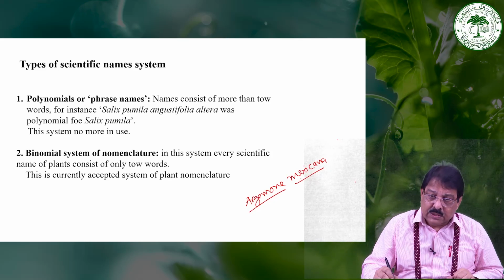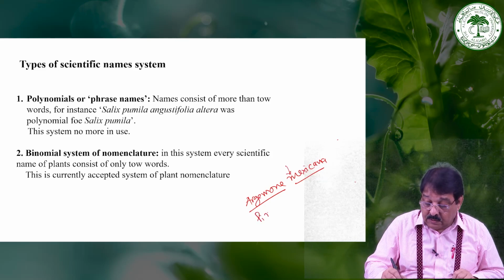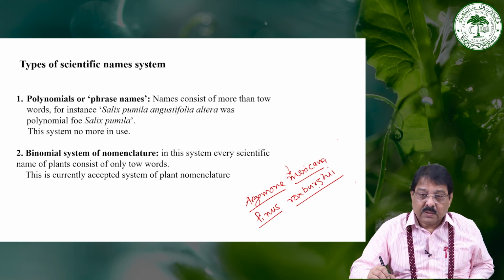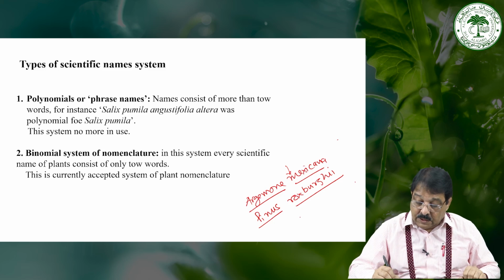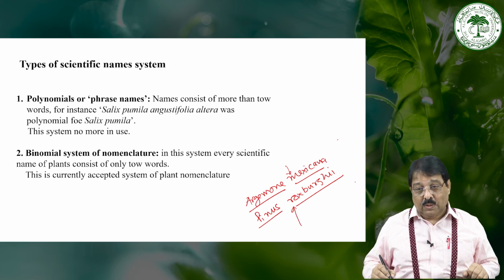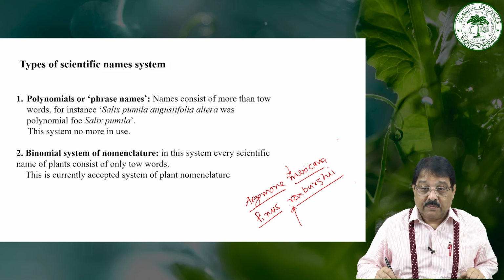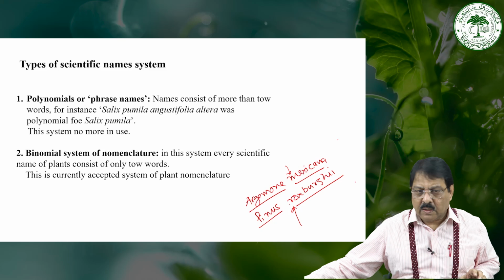Mexico is a country, but its name has been written with a small letter. Pinus roxburghii. Roxburgh is a well-known taxonomist, but here no regard has been paid to Roxburgh. His name has been started with a small letter. So these are the rules of binomial nomenclature.